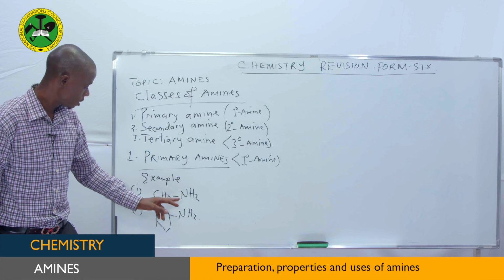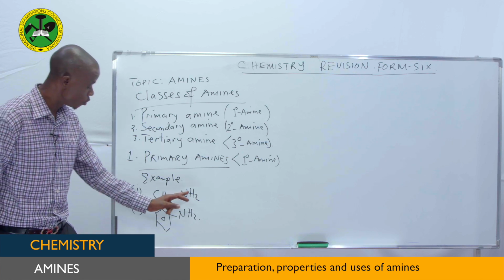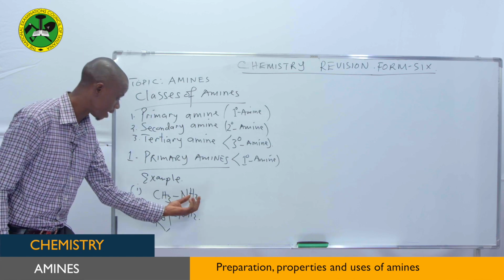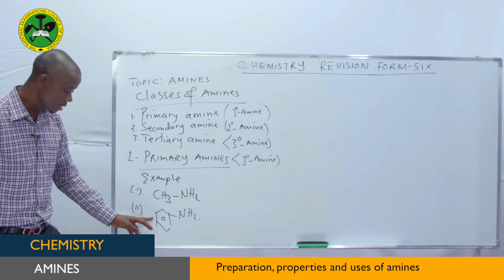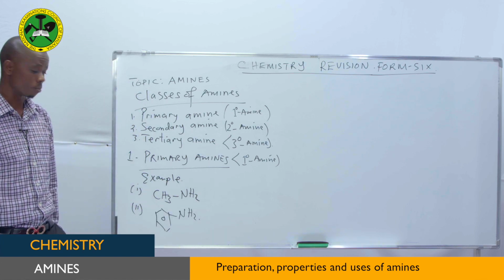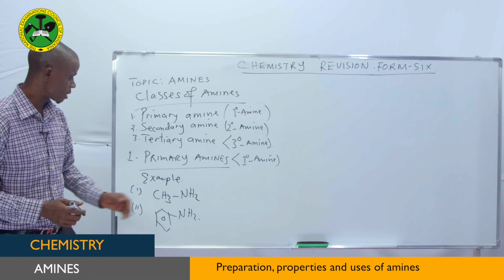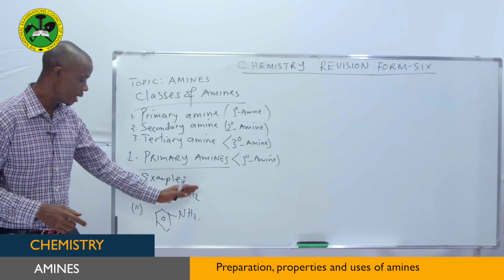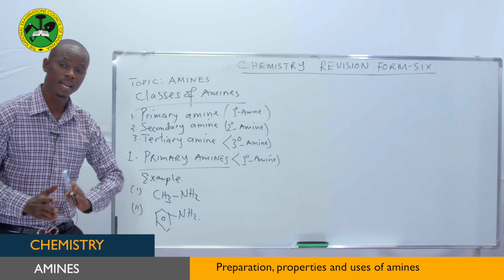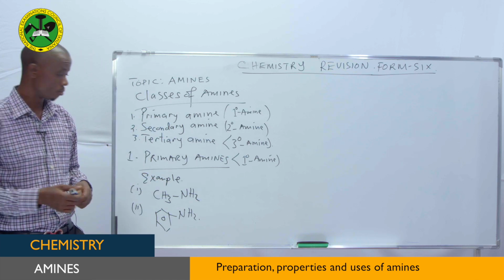So that means the alkyl group here has replaced 1 hydrogen atom from ammonia, so 2 remain. And this aryl group also has replaced 1 of the hydrogen atoms. So we can simply say primary amines are formed when 1 hydrogen atom from ammonia is replaced by either an aryl group or an alkyl group.